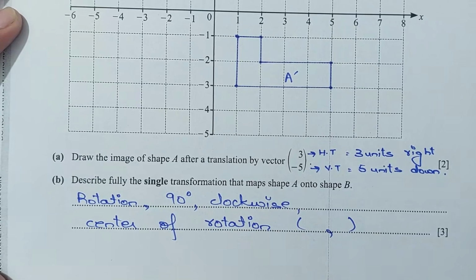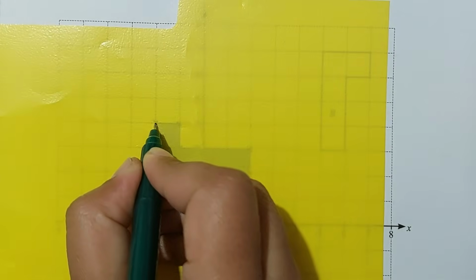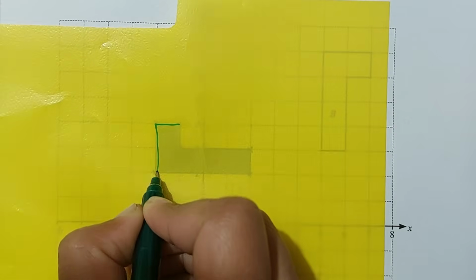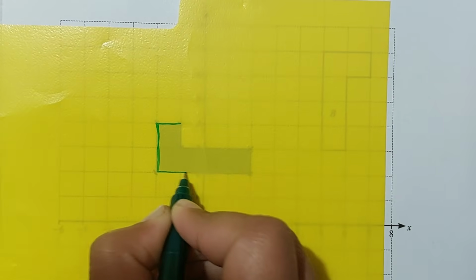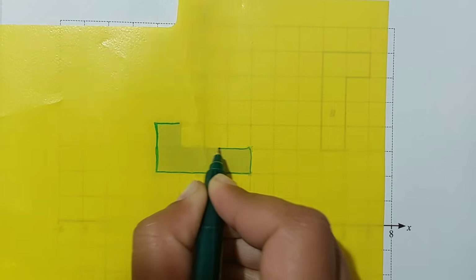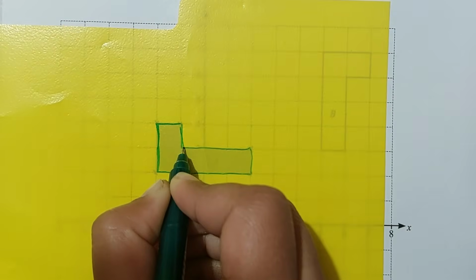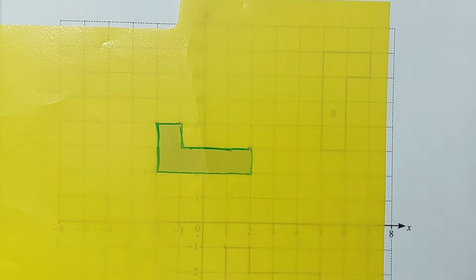let me find the center of rotation now. Let me use a tracing paper for this. Tracing paper is allowed in the exam. Let me trace the shape A and fix any coordinate as a center, and let's check.